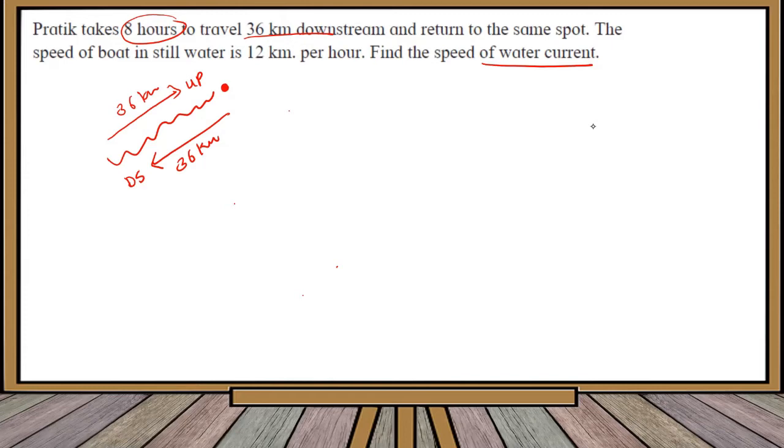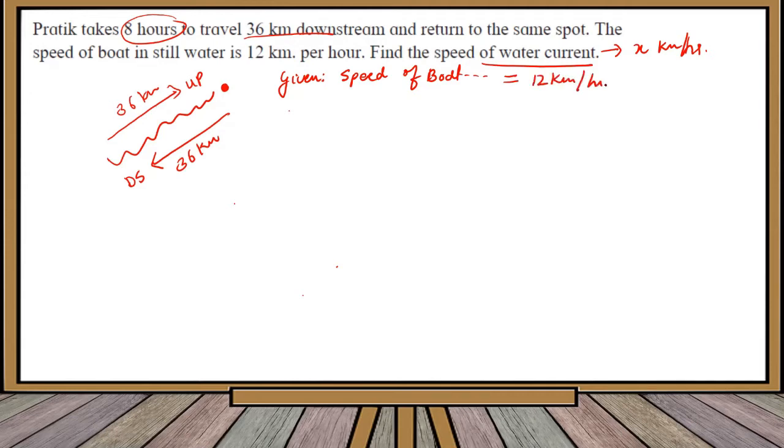The speed of the water current is asked, so let the speed of water current be x kilometers per hour. Now what is given? The speed of the boat in still water is given, which is equal to 12 kilometers per hour.